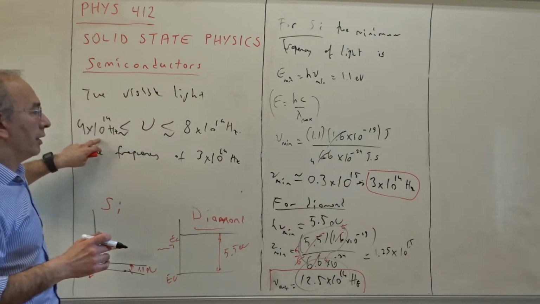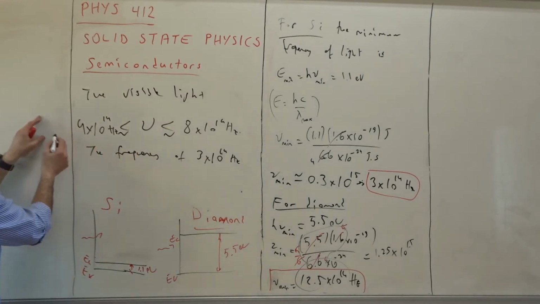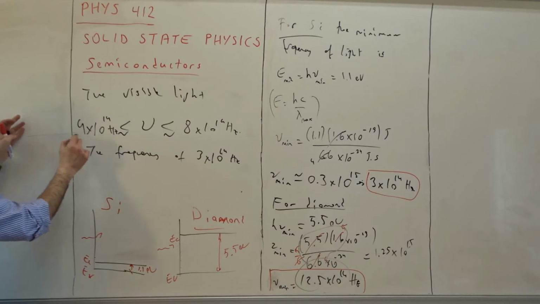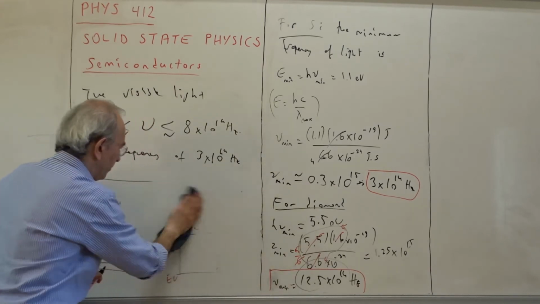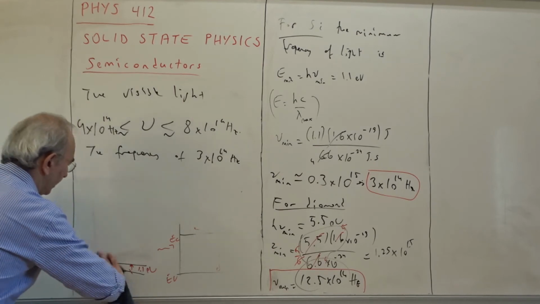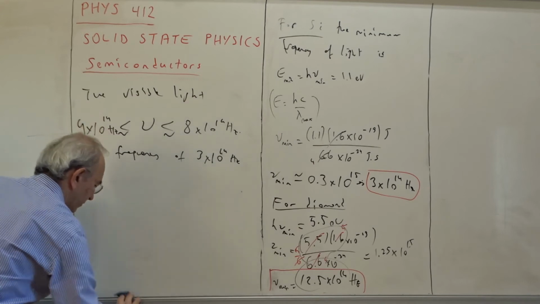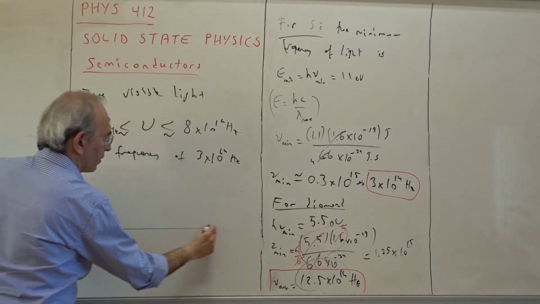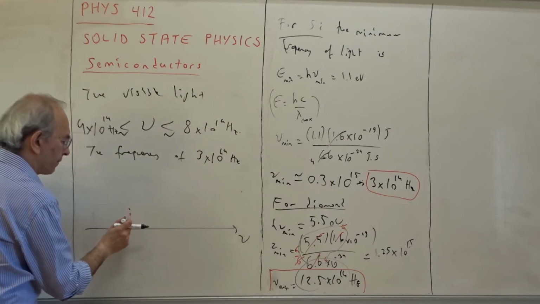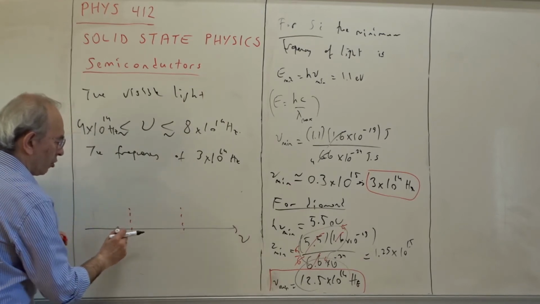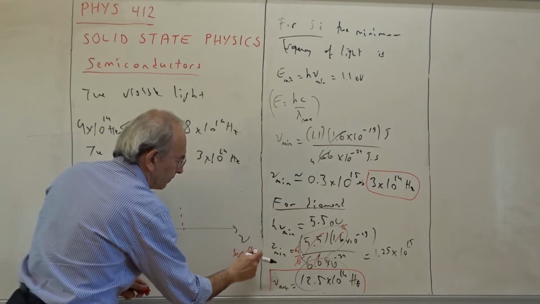But 3 times 10 to the 14 corresponds to somewhere along this. Let me draw this as a scale, one-dimensional frequency axis. So this is the frequency axis. The critical values are 4 and 8, in terms of 10 to the 14 hertz.